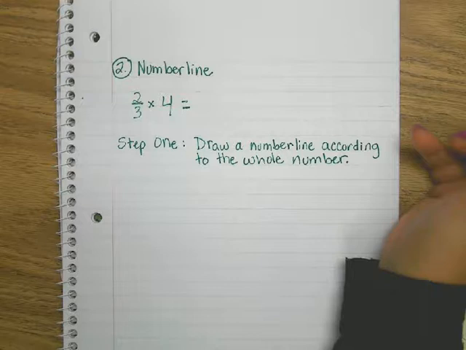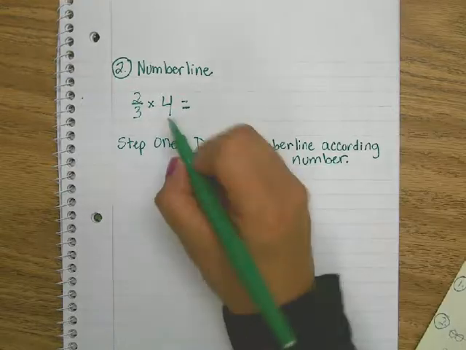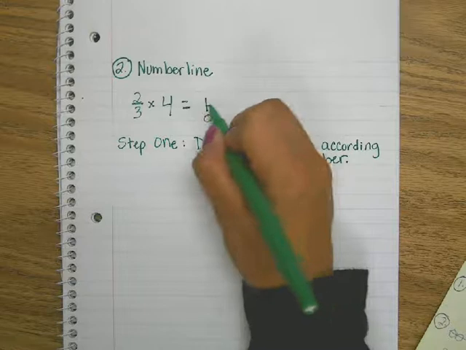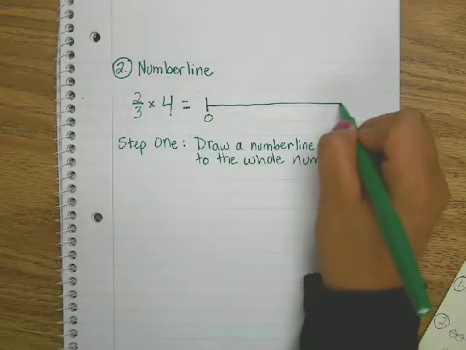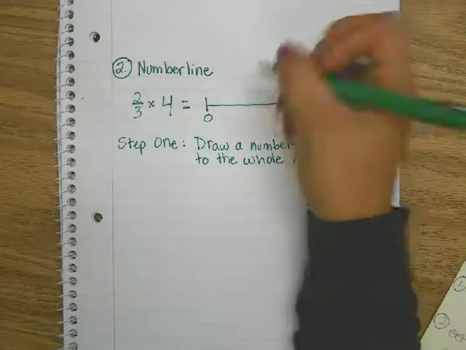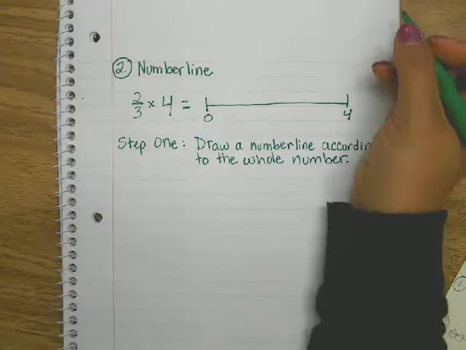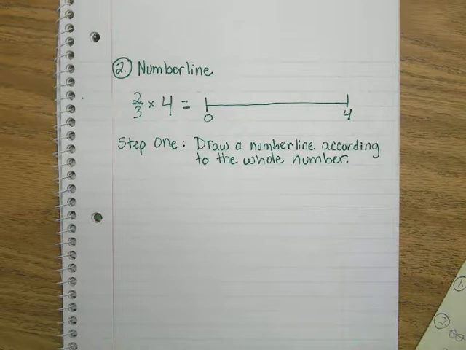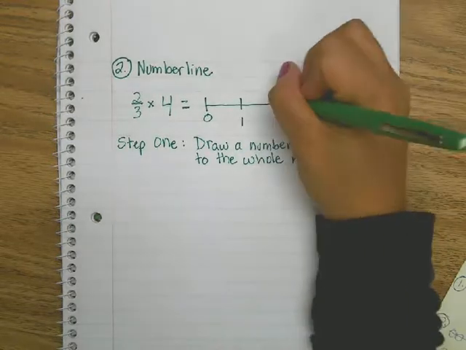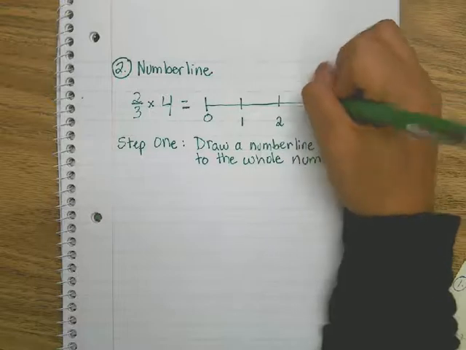So, if I have 4 wholes, my number line is going to go from 0 to 4. And then I'm going to label all the whole numbers between 0 and 4. So 1, 2, 3, 4.